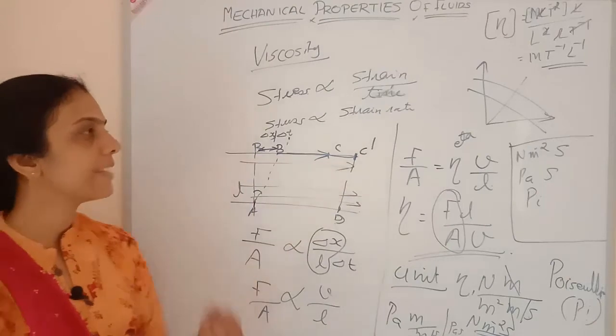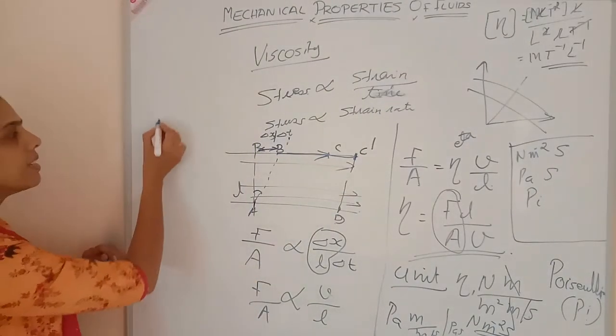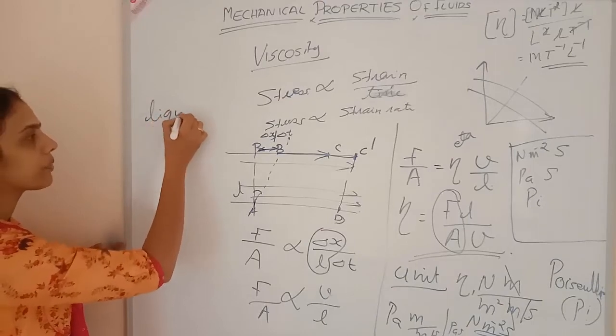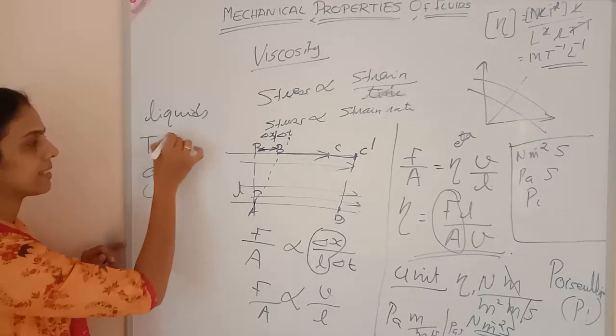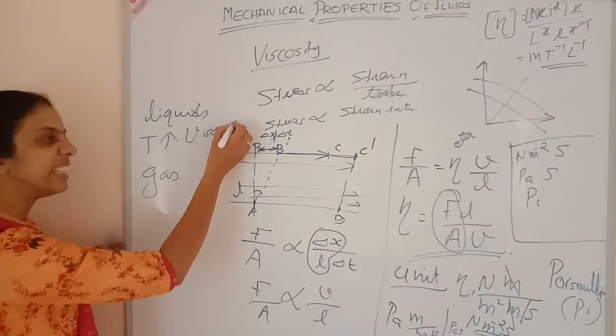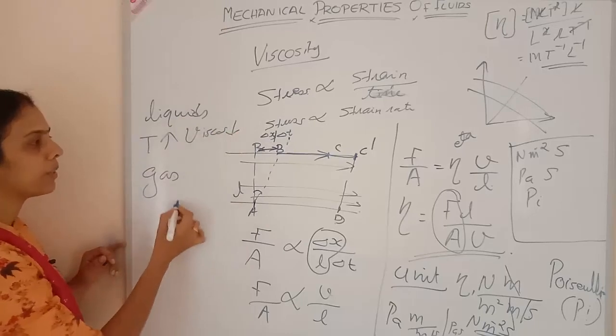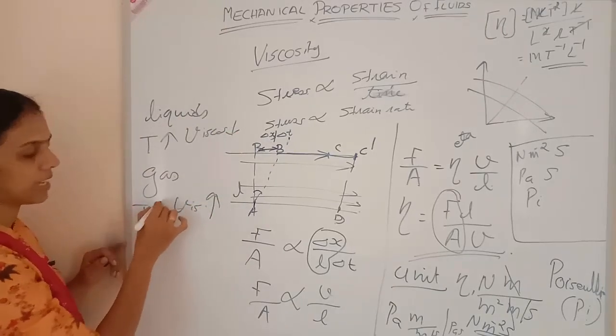While we are considering fluids, that is liquids and gases, as temperature increases, what will happen to viscosity? Viscosity will decrease in the case of liquids and viscosity will increase in the case of gases.